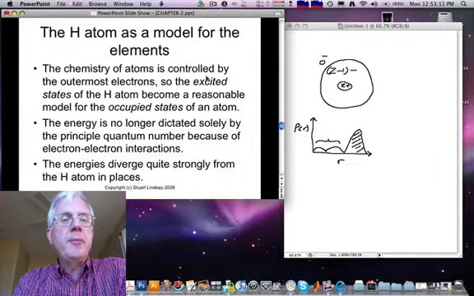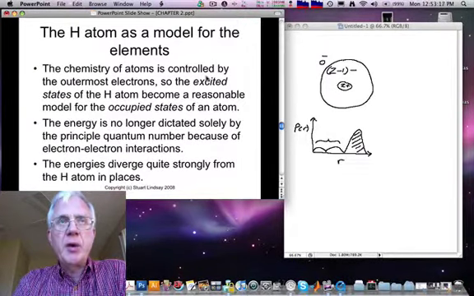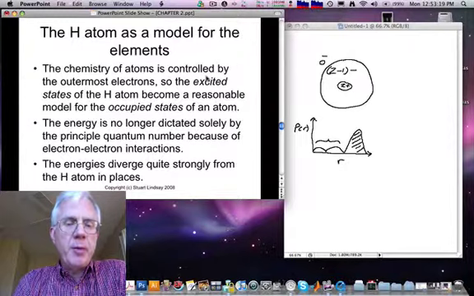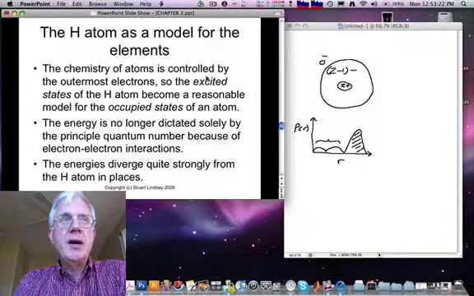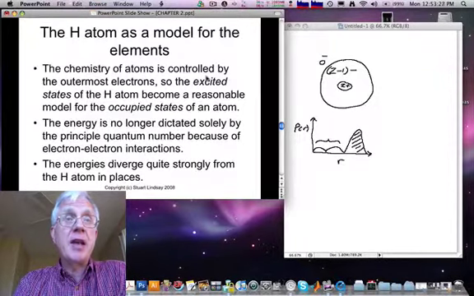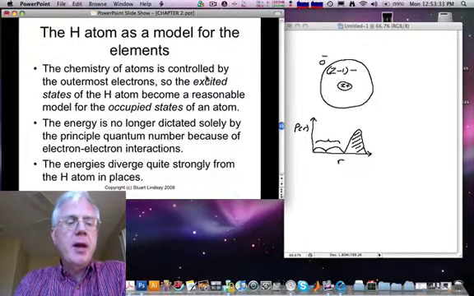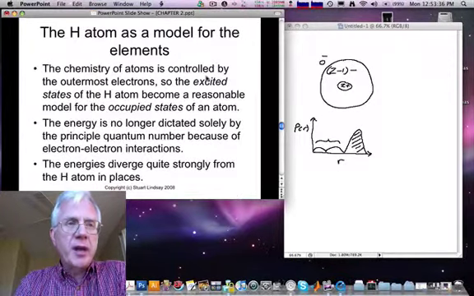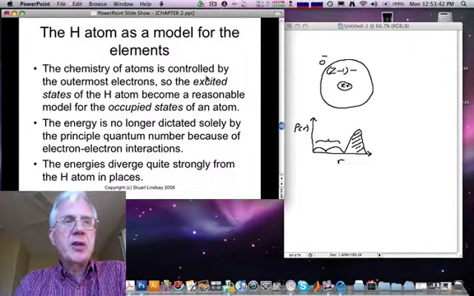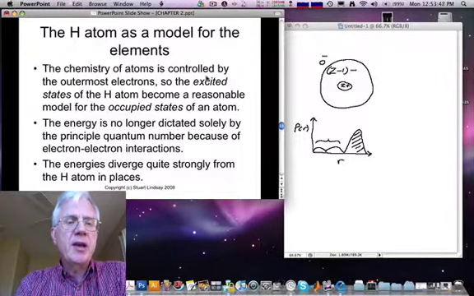However, if we take this simple picture and recognize that interactions between electrons will carry with them an energy penalty, then the various angular momentum states which were degenerate in the hydrogen atom, that is to say only the principal quantum number determined the eigenenergy of the hydrogen atom, will now differ. In the case of many electron atoms, the energy must depend on the angular momentum states, because these determine the shape of the wave functions and how the electrons interact with electrons inside the inner core of the atom.